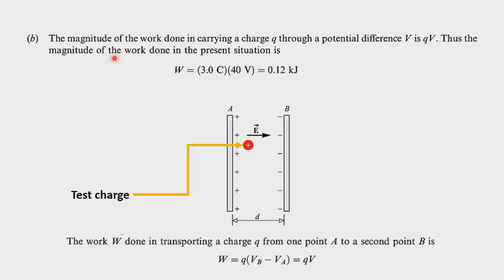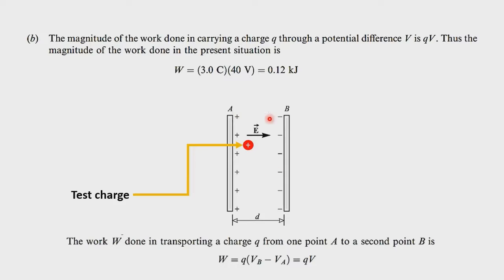And so the magnitude of the work done in carrying the charge Q through a potential difference, in the case of B to A, is given by the formula Q times V. Thus, the magnitude of the work done in our current situation is given by the formula W, which is positive 3.0 coulomb of charge times a voltage.